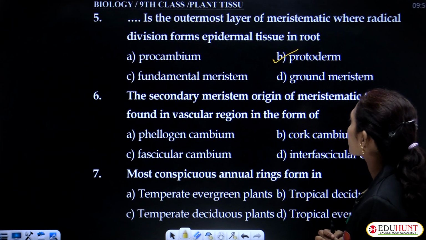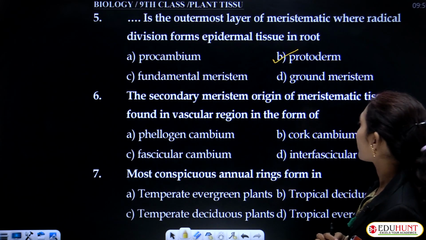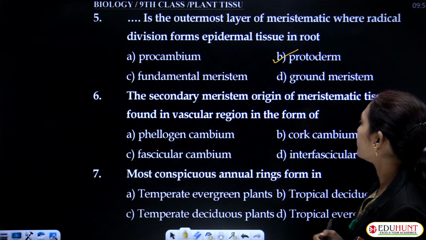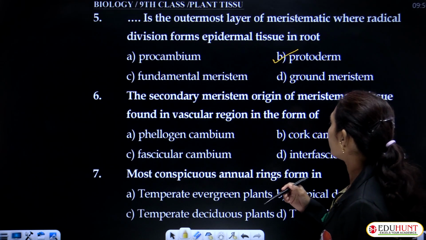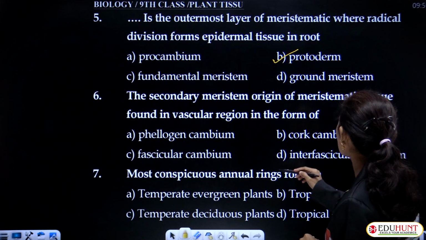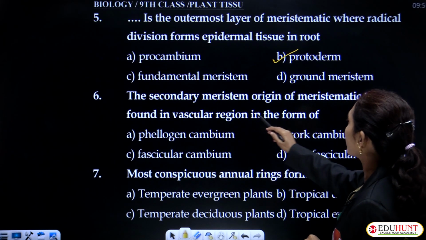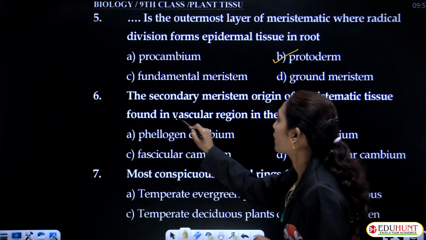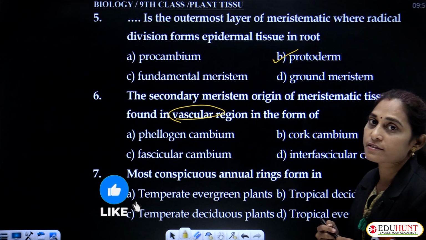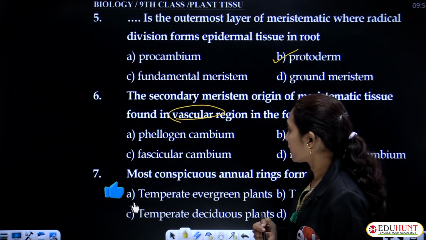The secondary meristem of origin, meristematic tissue found in the vascular region. So they are asking about the vascular region.